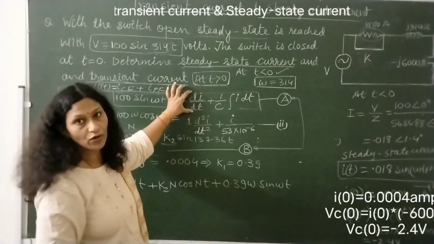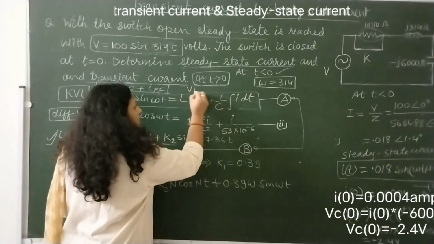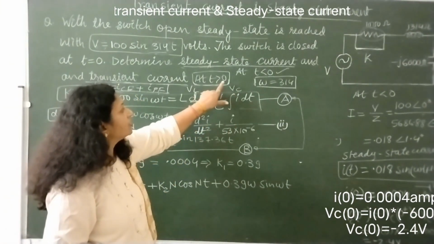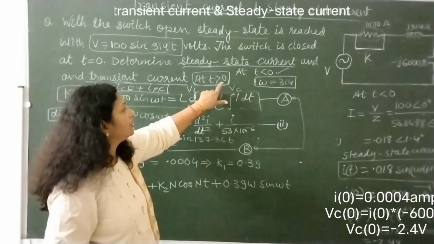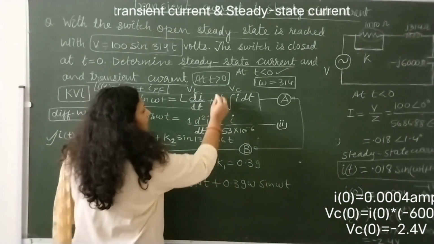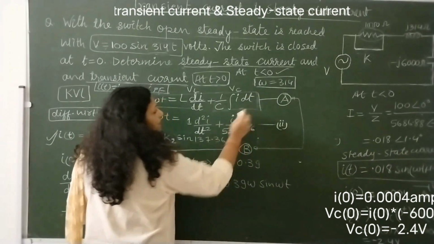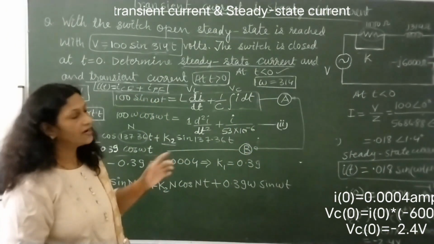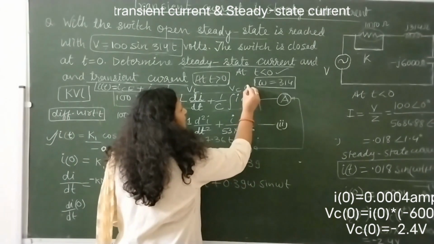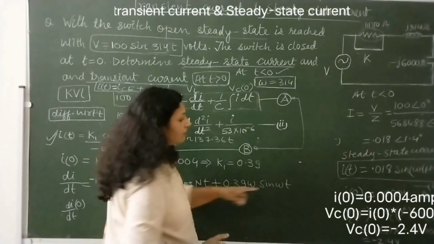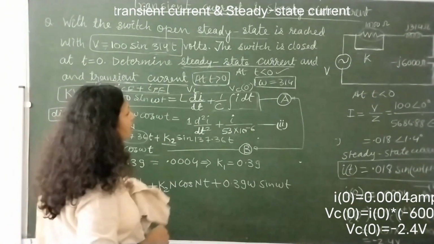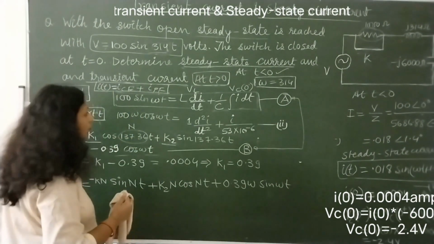Here this is the voltage drop across inductor and this is voltage drop across capacitor. Just after switching at t greater than 0, this equation is written. Just after switching, the voltage drop at capacitor remains as it was in its initial condition. So it is nothing but Vc 0 minus. We already calculated Vc 0 minus, and that is equals to minus 2.4 volts.